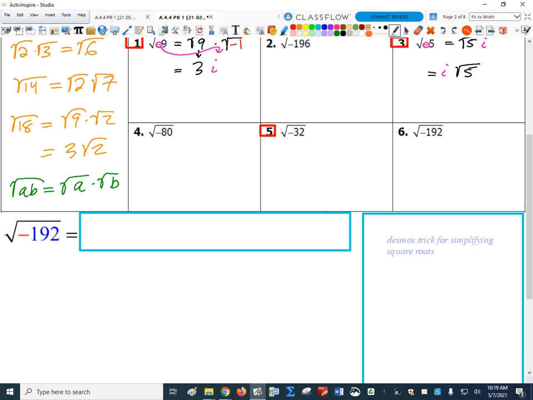So we want to simplify the square root of negative 32. So this is really just some good practice at simplifying radicals, right? Because the imaginary number part's pretty simple. Okay, so try that. Try number 5.